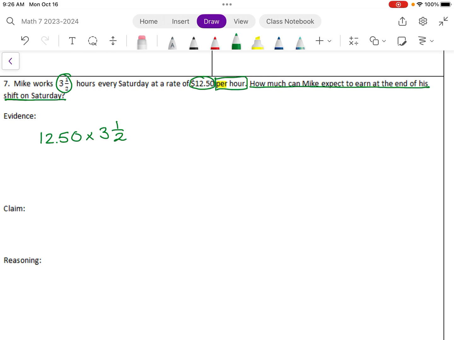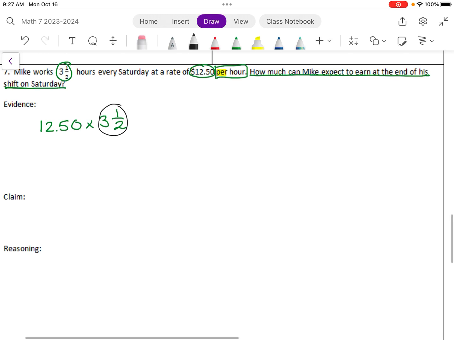First thing I need to do is make my fraction into a decimal. So the way to do this is to take my fraction part of this mixed number and make that into a decimal.